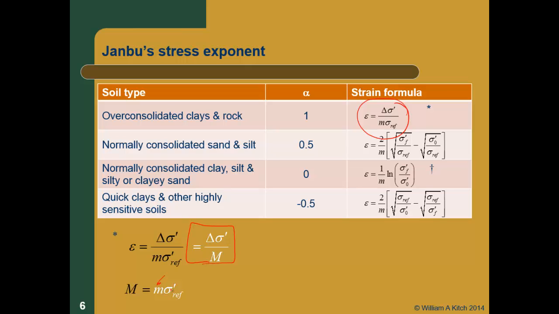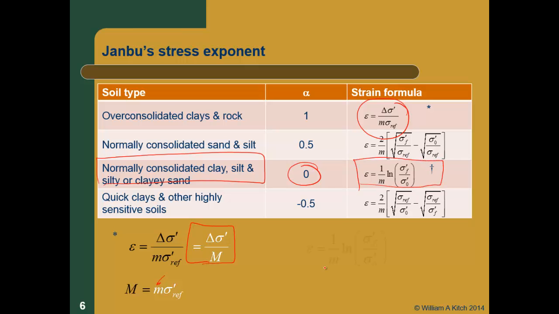Okay, so what's the other case we're very familiar with? The other case are the normally consolidated clays, right? And those are the ones where C sub C was constant. They were linear in semi-log space. Well, in that equation, alpha is equal to 0, and it reduces to this equation.